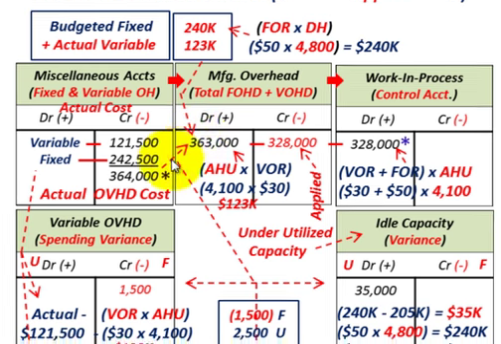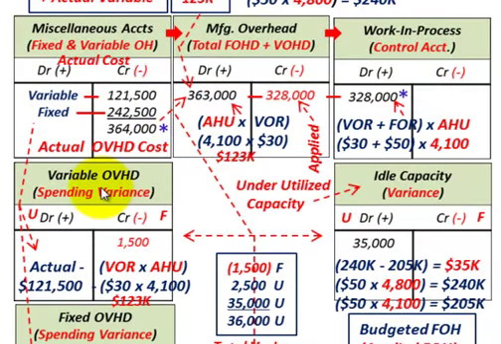And those are going to really be what we call spending variances. So for our variable overhead, the spending variance is going to be this. We take our actual amount here, $121,500 for the variable overhead. Then you compare it to the variable overhead rate that we have here, $30 per hour, times the actual hours used, 4,100 hours.